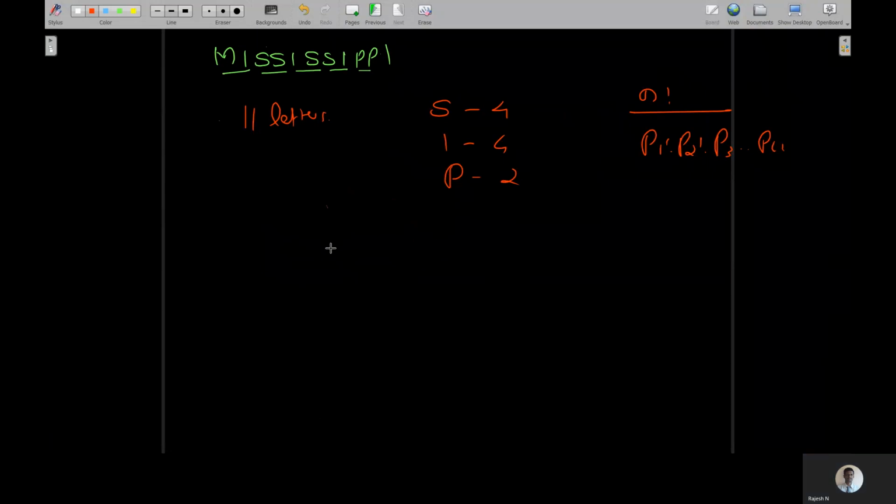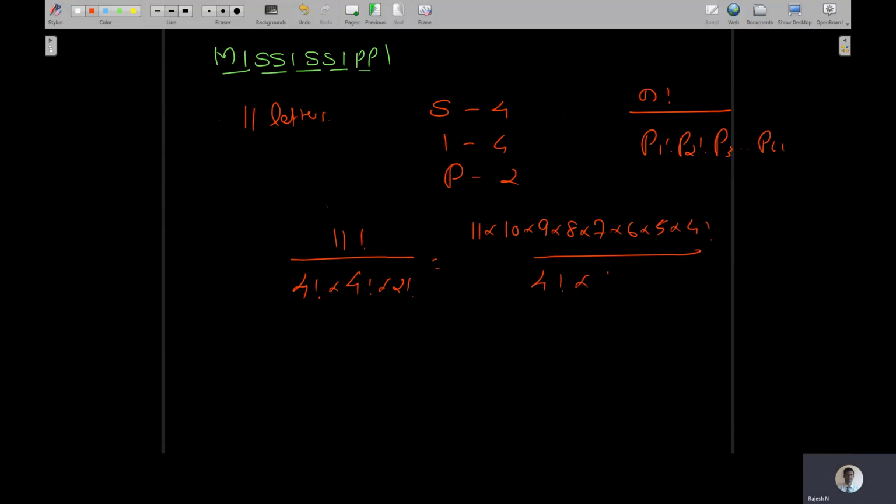So here, how many ways? Total 11, so 11 factorial by 4 factorial into 4 factorial into 2 factorial. 11 factorial is 11 into 10 into 9 into 8 into 7 into 6 into 5 into 4 factorial, by 4 factorial into 4 into 3 into 2 into 1, into 2 factorial, which is 2 into 1. 4 factorial cancels. 4 into 3, 4 twos are 8, 8 cancels.